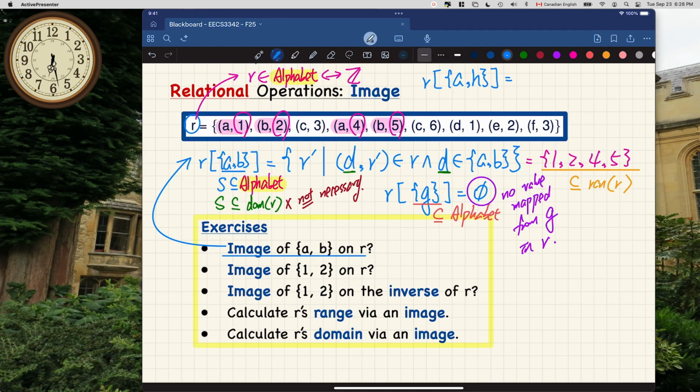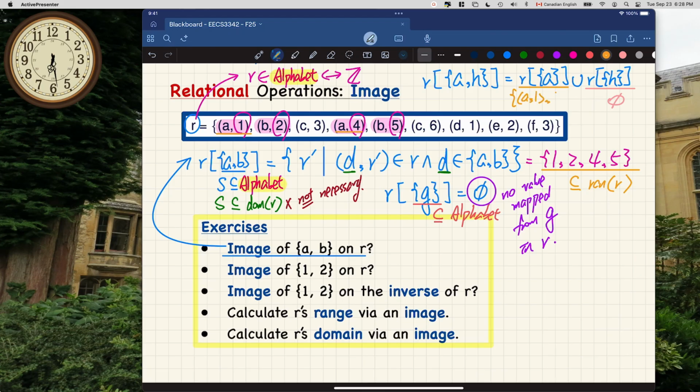Another way to think about it is, it's really like R mapped by A, union R mapped by H. And this one here is totally just empty. And this one here is just going to give you two, just A1 and also A4.